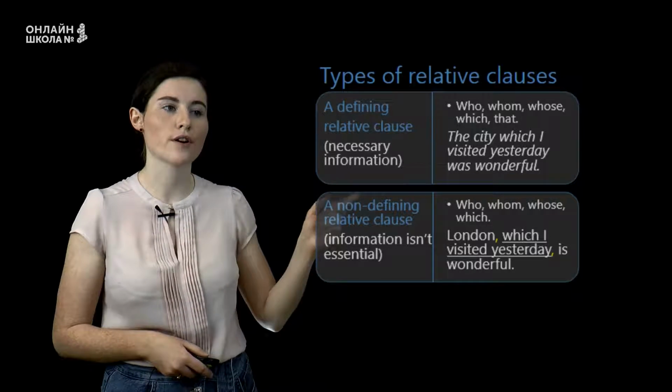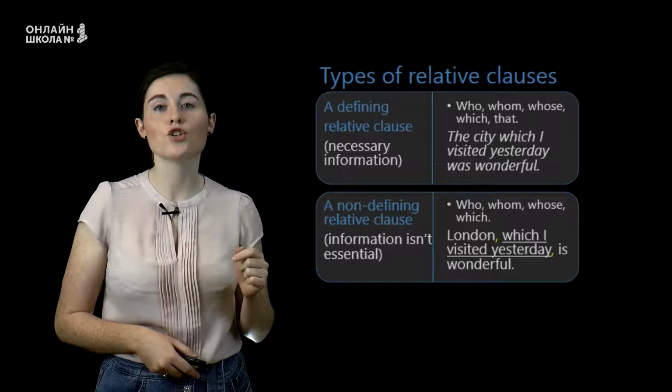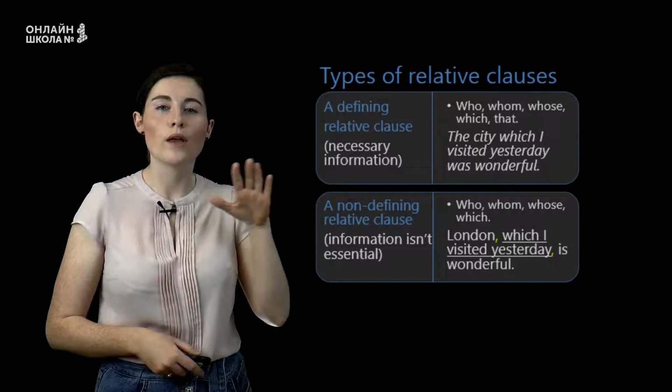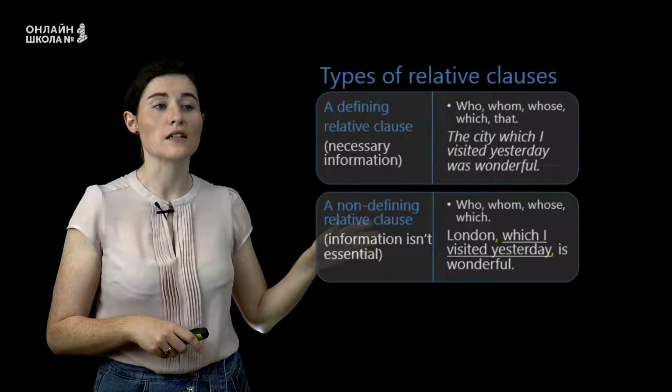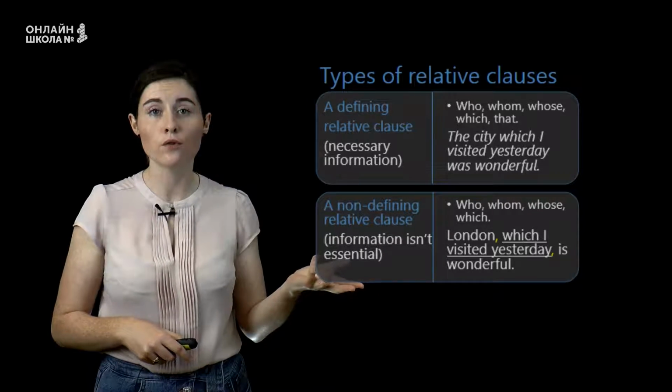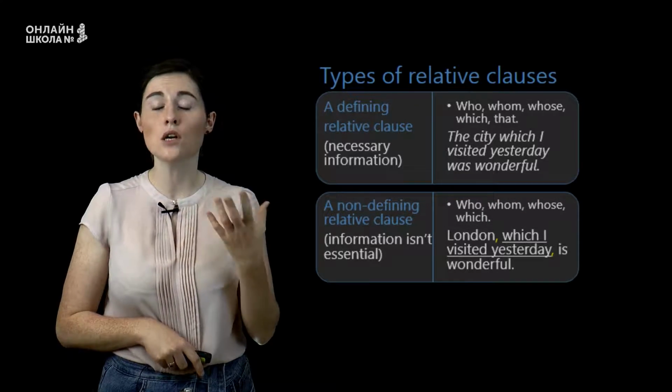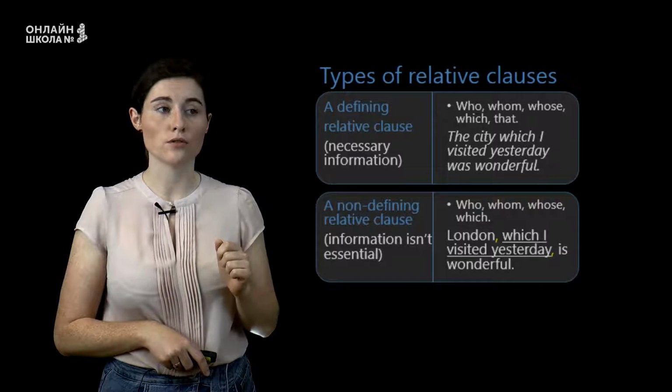In a non-defining relative clause, we include non-essential information. For example, London, which I visited yesterday, is wonderful. If we omit which I visited yesterday and say London is wonderful, the sentence stays the same. We understand which city we are speaking about.